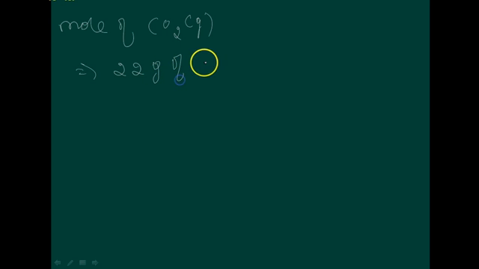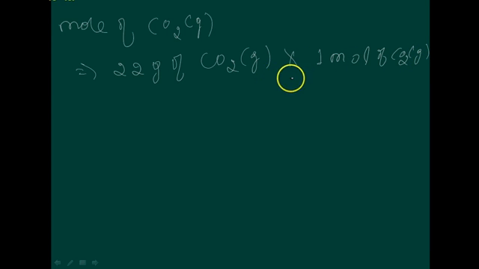Next you calculate the mole of carbon dioxide gas. So here 22 gram of carbon dioxide gas into 1 mole of carbon dioxide gas divided by 44 gram of carbon dioxide gas.